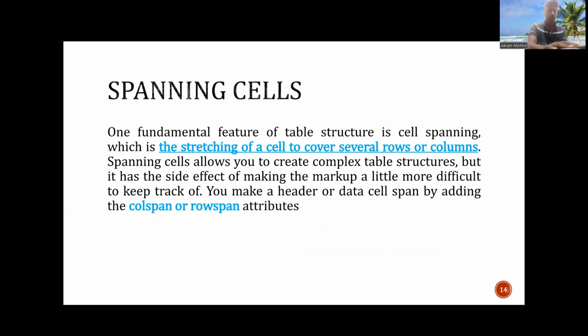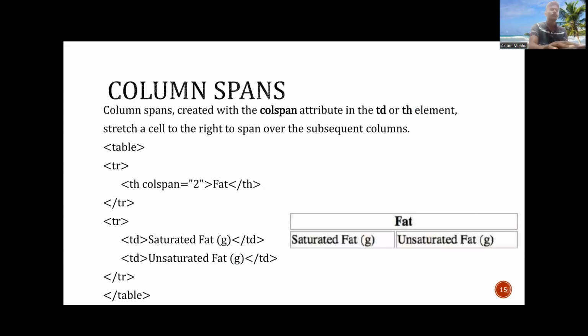You make a header or data cell span by adding the colspan or rowspan attributes. Colspan is created with the colspan attribute in the td or th element, stretching a cell to the right to span over subsequent columns. In this specific table, we have used colspan 2.